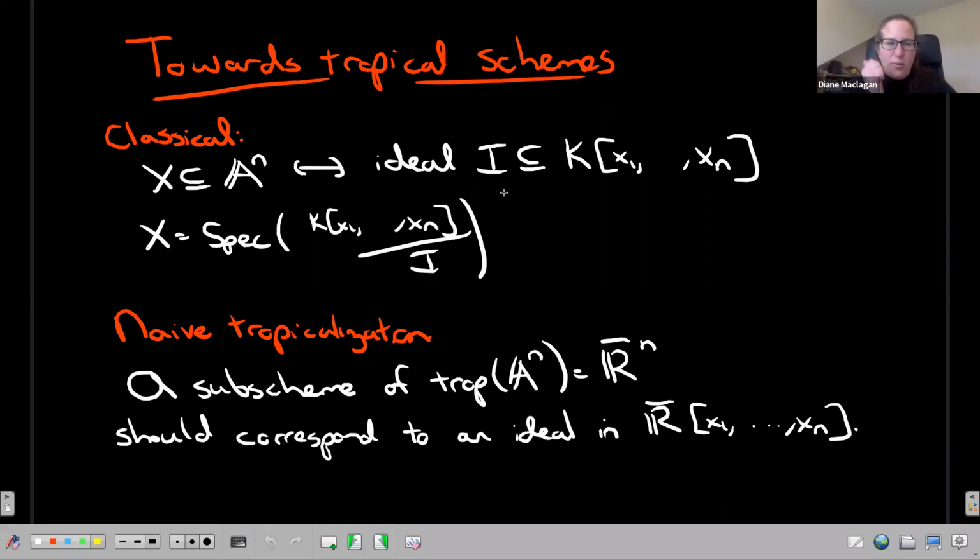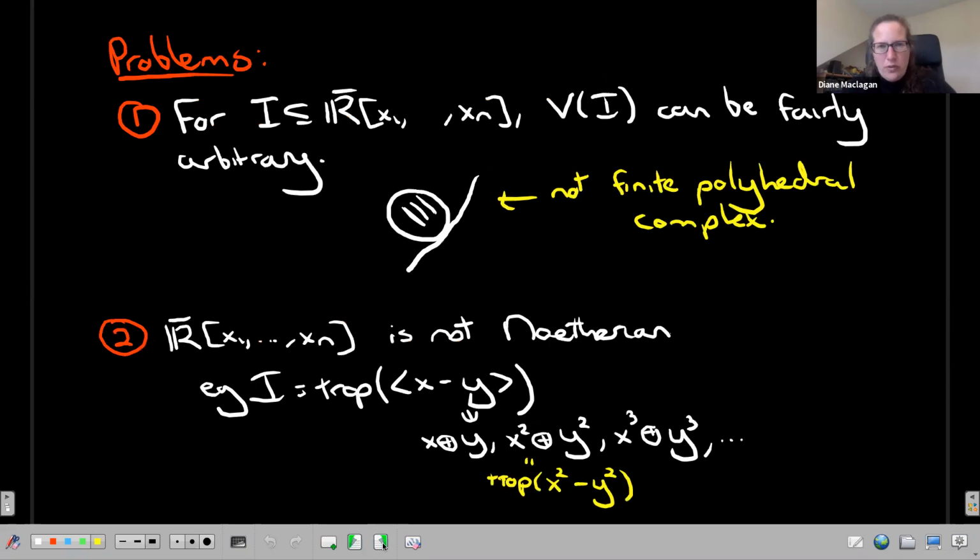Multiplication turns into tropical multiplication, addition turns into tropical addition, take the valuation of coefficients. So naively, you'd think, well, we know how to tropicalize this. We should just tropicalize the ideal. There are some problems though.